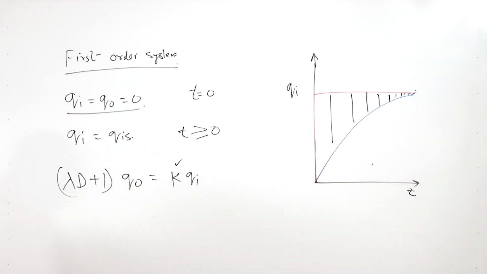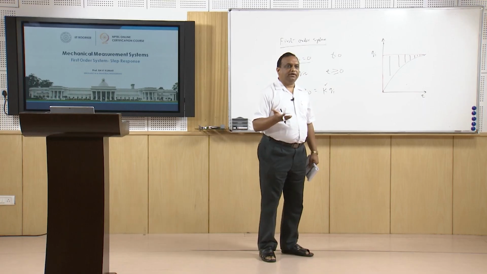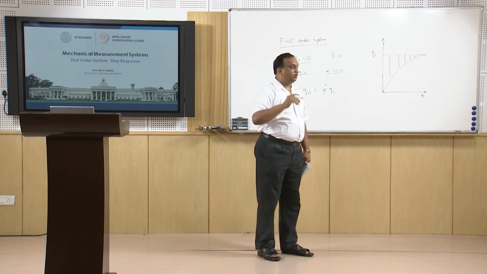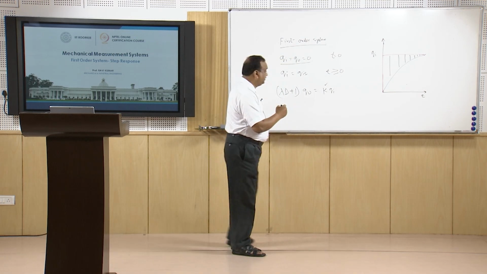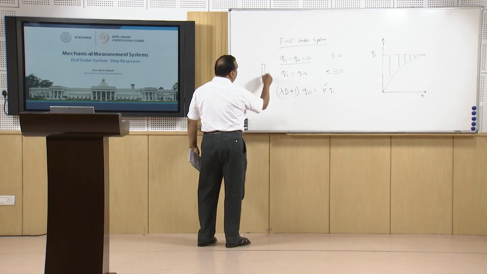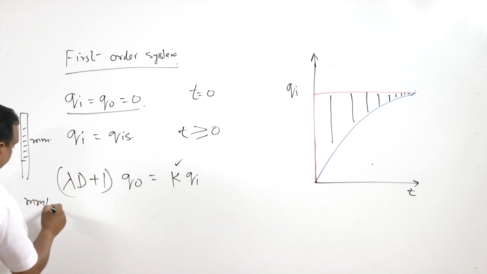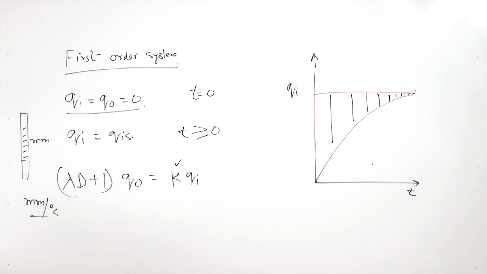When we are measuring, for example, temperature with a thermometer, input is in degree centigrade, output is displacement of the mercury column in the thermometer, in millimeter. So the dimension of the sensitivity will be millimeter per degree centigrade. K has to be taken into account because we have to match the dimensions also.